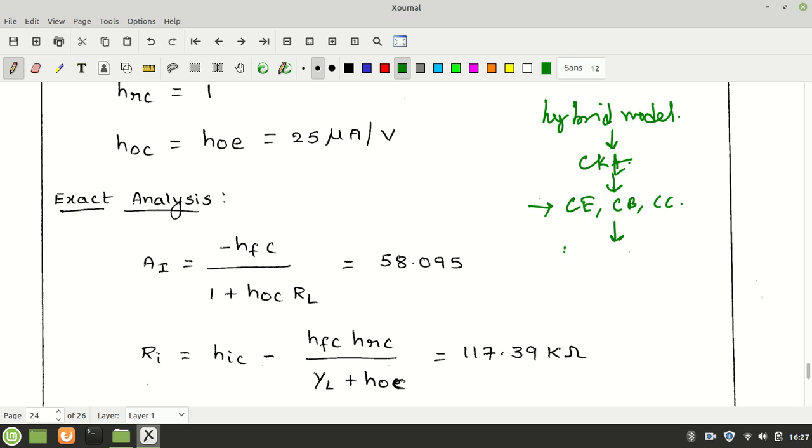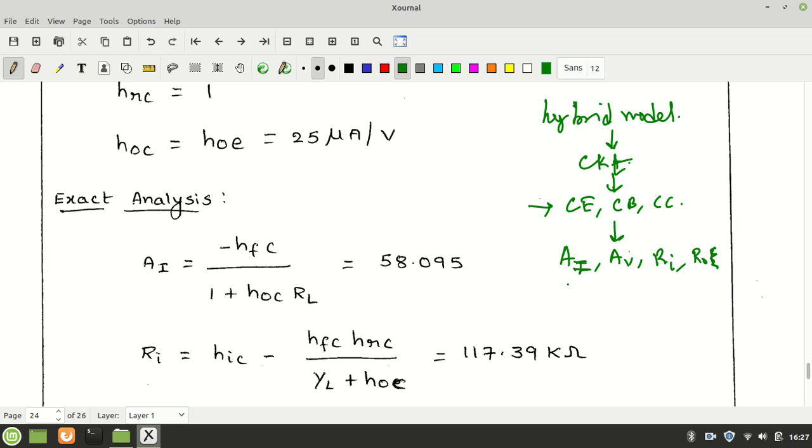And then the calculation of current gain, voltage gain, input resistance and output resistance, or the output admittance.